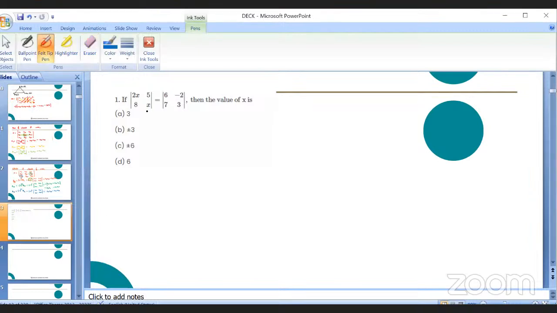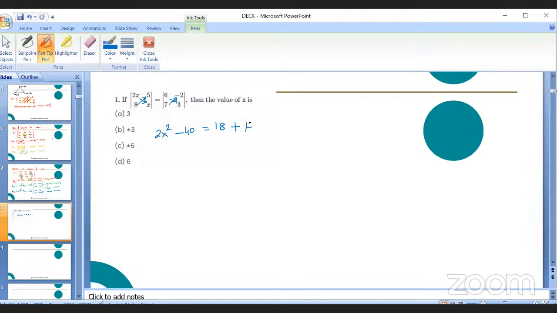How? I'll show you. First, find this determinant. 2x square minus 40 equal to 18 minus 14.